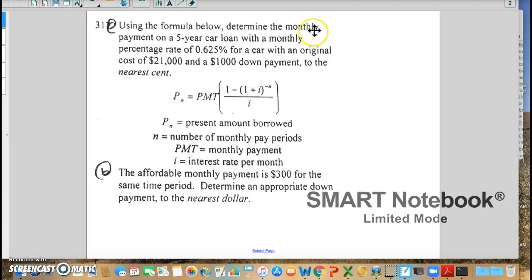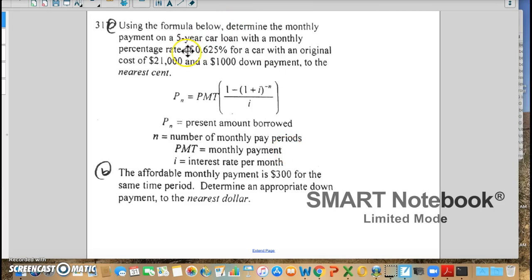Okay, so let's go back to the question and see what they're asking. They're asking us to determine the monthly payment, so we're trying to determine PMT. A 5-year car loan, 5 times 12, would give us 60 months, so our n is 60.